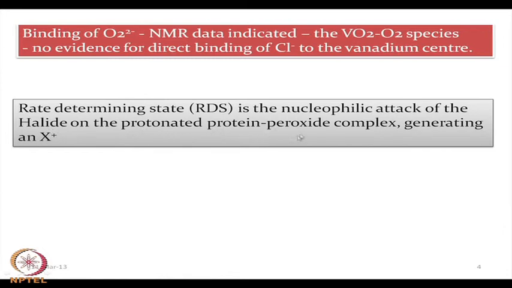We have the corresponding protein peroxide complex, that means the protein which has the vanadium center, and that vanadium center is responsible for the formation of the corresponding peroxide linkage, which is then reacting with Cl minus and forming Cl plus. This Cl plus is basically reacting with the hydroxide anion forming the corresponding HOCl, or hypochlorous acid.